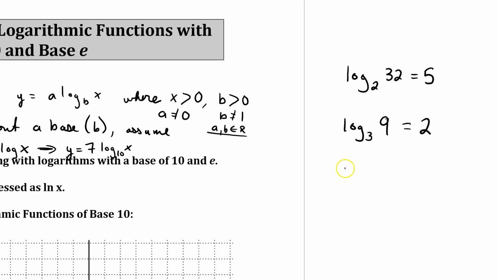Another example could be, and I'm just going to throw out a weird one, log base 5 of 1 over 25 equals, it's asking 5 to the what is 1 over 25? Now think back to grade 10 intro applied pre-cal. 5 to the negative 2, because 5 to the negative 2 is just 1 over 5 squared, which is 1 over 25.